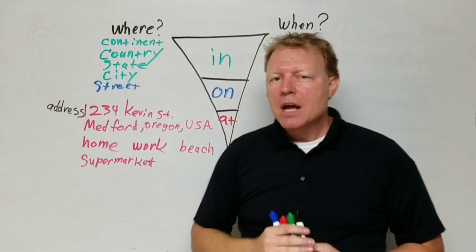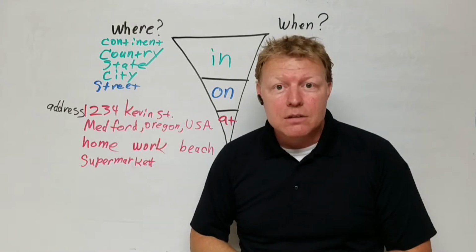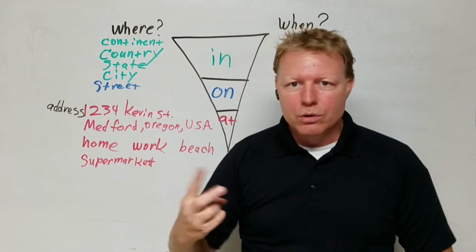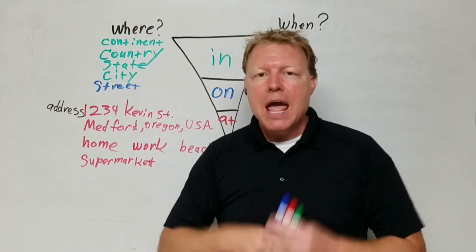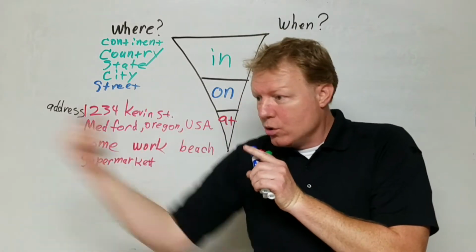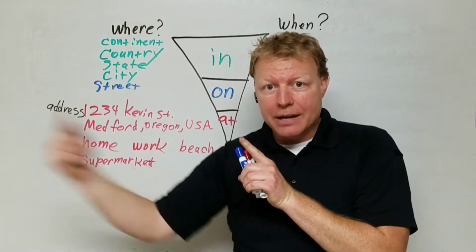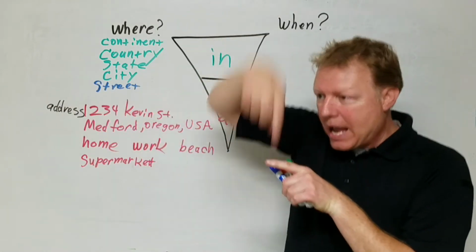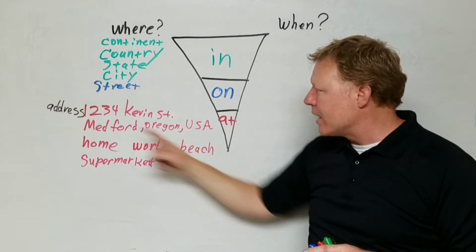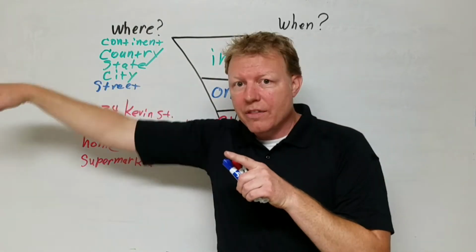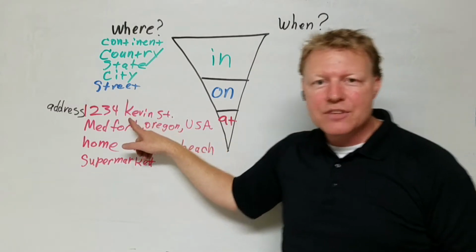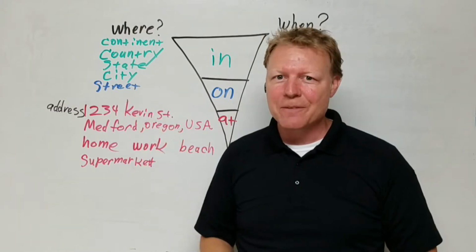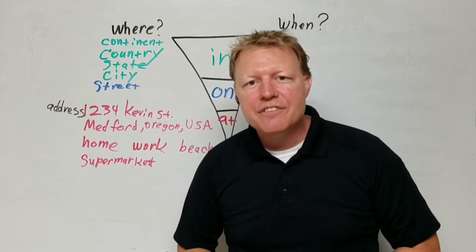Now by street, I mean street, avenue, boulevard, lane, highway, any road that goes along a line that cars drive on. Any place, any address that is along that road is on that street. So I live on Kevin Street, right? Isn't that weird? And so I tell my friend, oh, I live on Kevin Street.